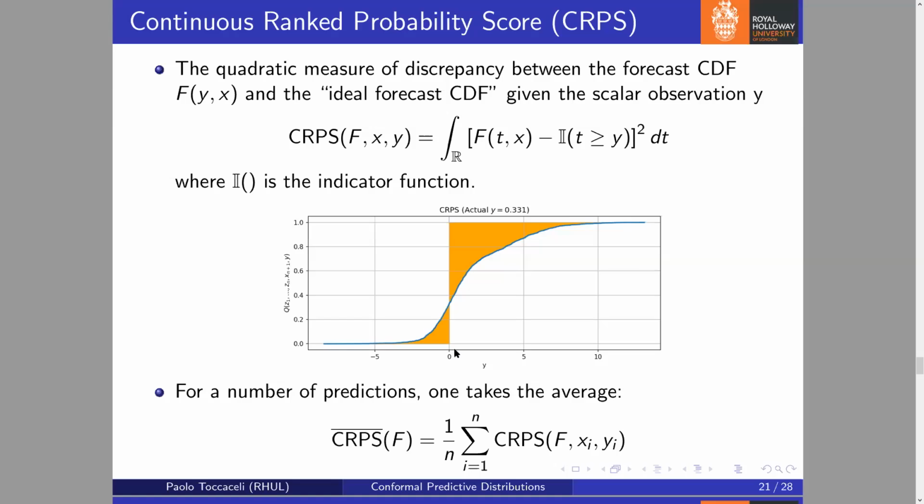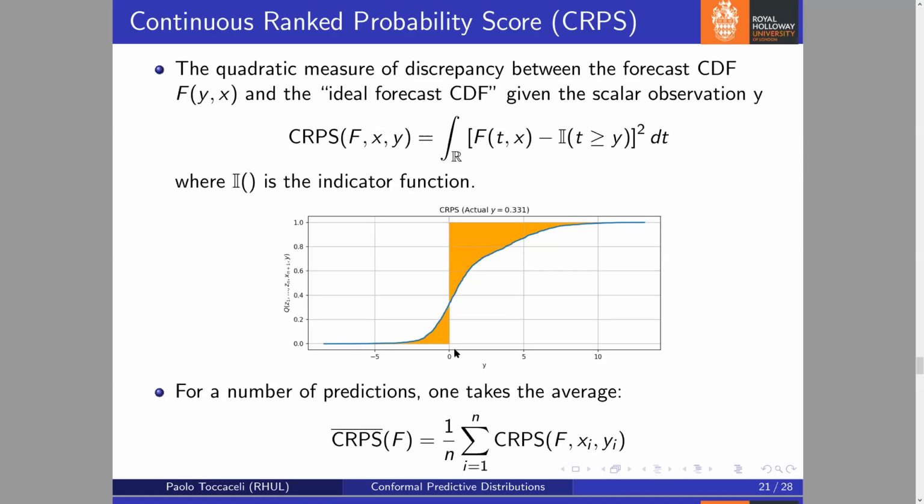Getting to the other method that I wanted to talk about, the continuous ranked probability score. This looks at the predictive distribution in its entirety. And it can be defined as a quadratic measure of discrepancy between the forecast CDF and the ideal forecast, given the scalar observation y. So if we were sure about the value of the label, then we could emit a prediction in which all the probability is concentrated on the value that it takes.